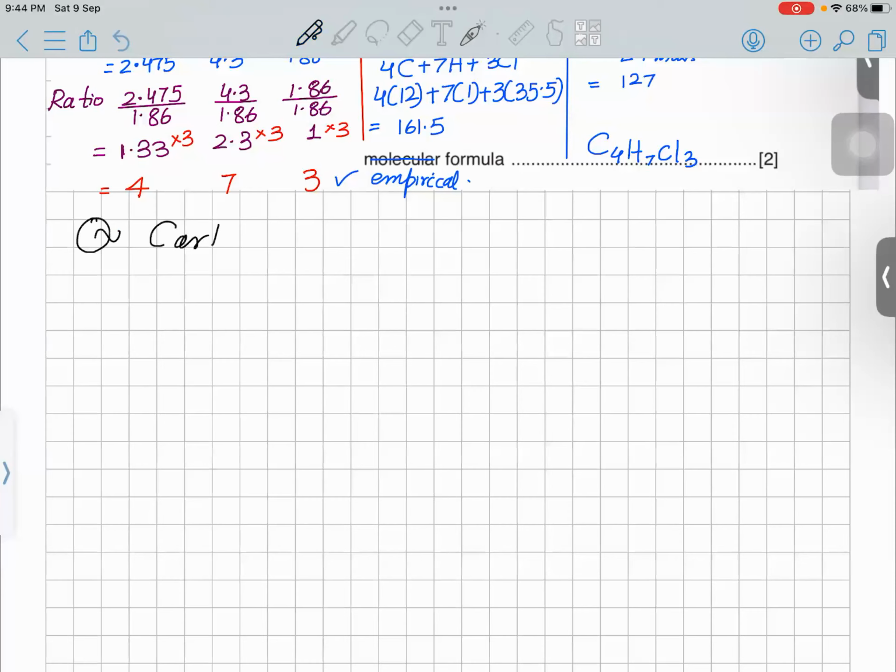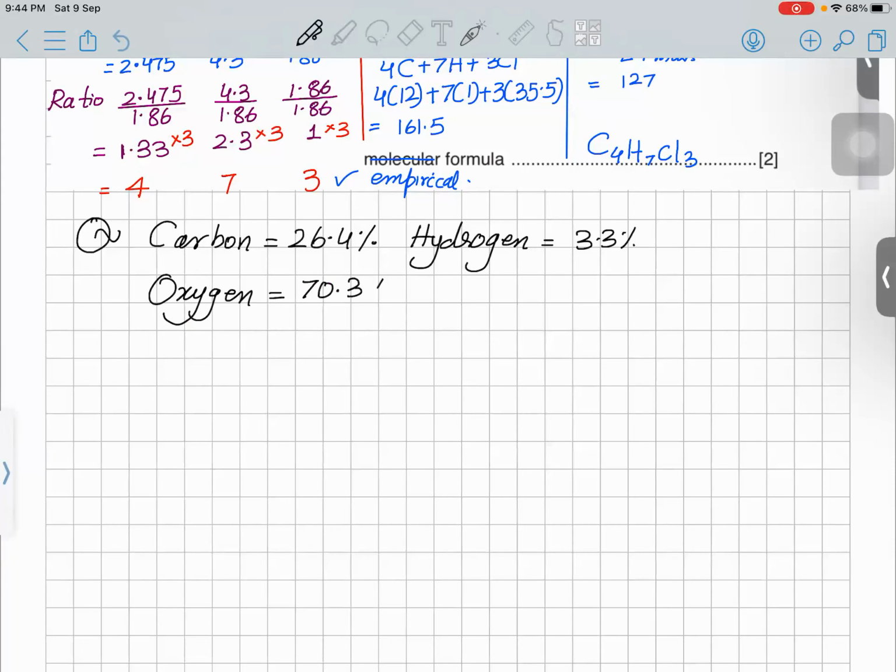Carbon is 26.4%. Hydrogen is 3.3%. Oxygen is 70.3%.